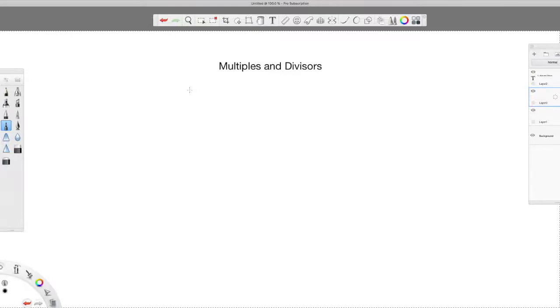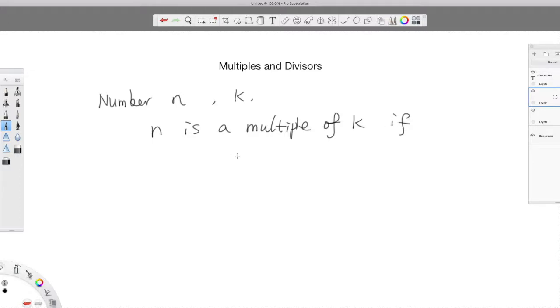Multiples and divisors are really about the relationship between two numbers. We say a number n and a number k. We say n is a multiple of k if n equals k times another positive integer a.